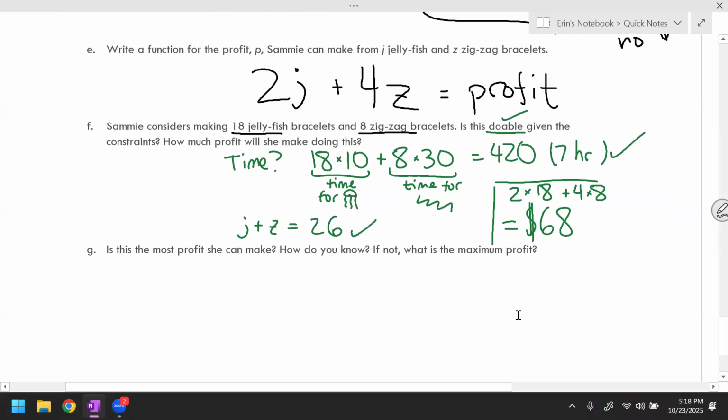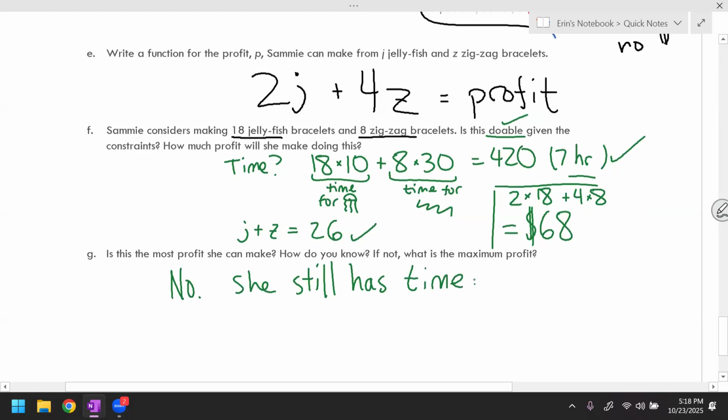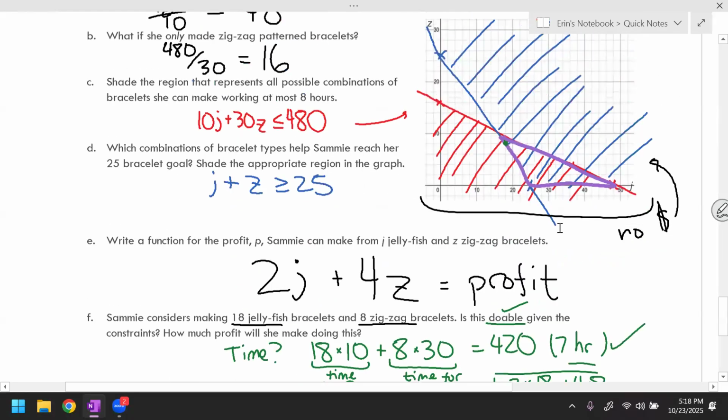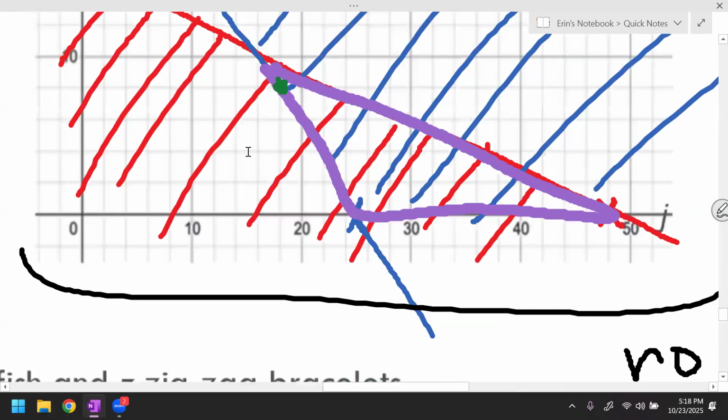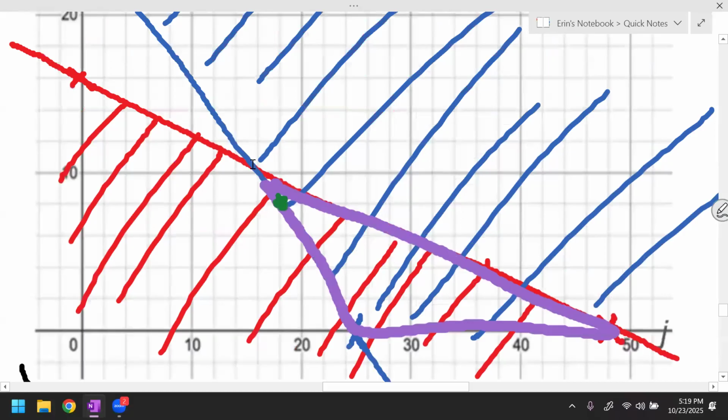And is this the most profit she can make? Well, logically, you can kind of see, no, she still has time. So she could make some more bracelets. However, I can also know just by looking at my graph, this point is close to a corner, but it's not on a corner. And we know that our objective functions hit their maximums and minimums on the corners, right?